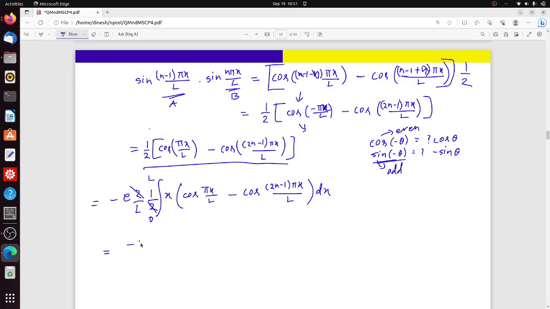Now I'll have minus e over L. I'll have to do two integrations: x into cos pi x over L dx from 0 to L, minus x cos (2n minus 1) pi x over L dx.